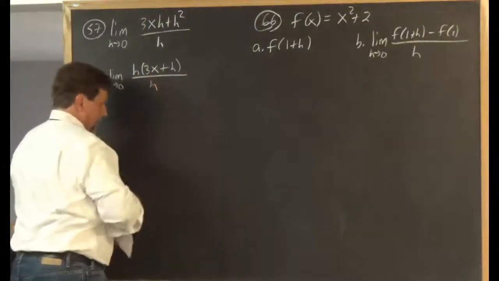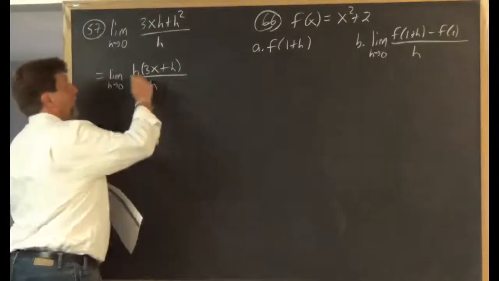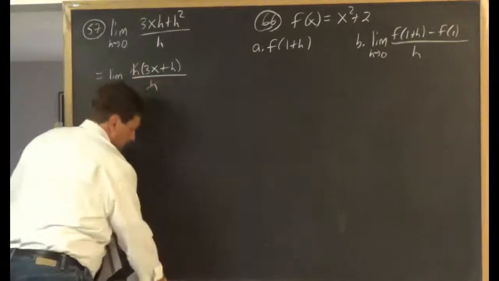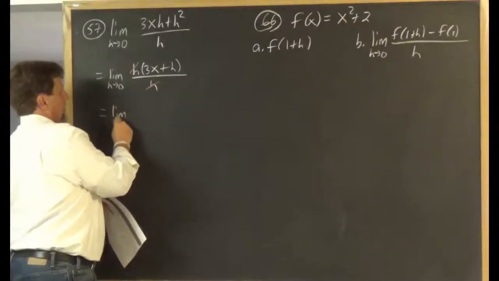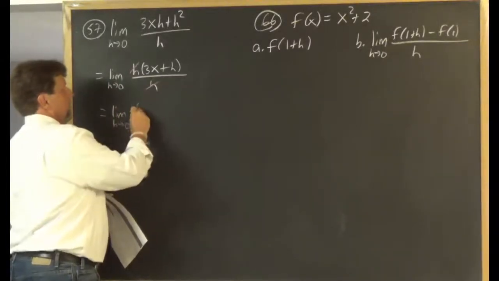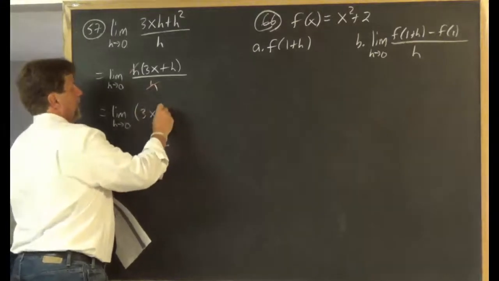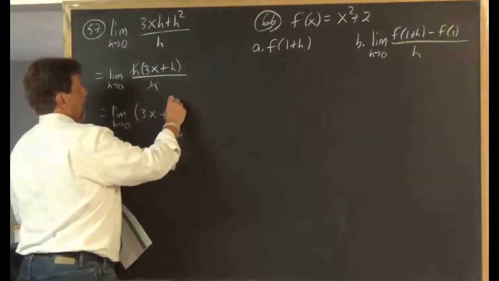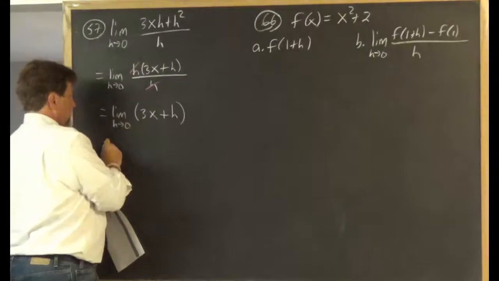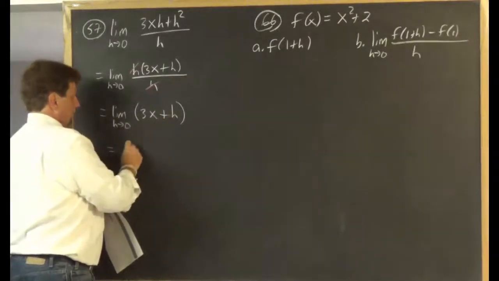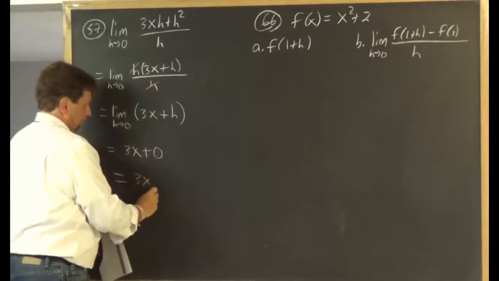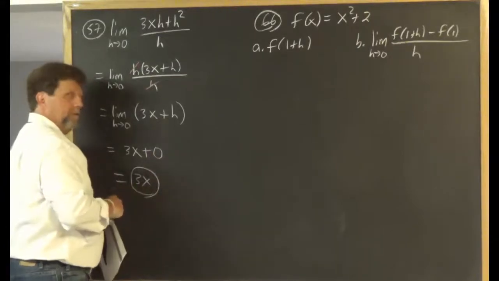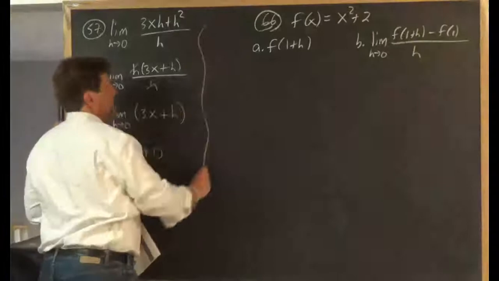Once we factor out the h, we can cancel it out with the h in the denominator. And that leaves us with the limit as h approaches 0 of 3x plus h. Substitute 0 for the h, and we get the limit to be 3x.